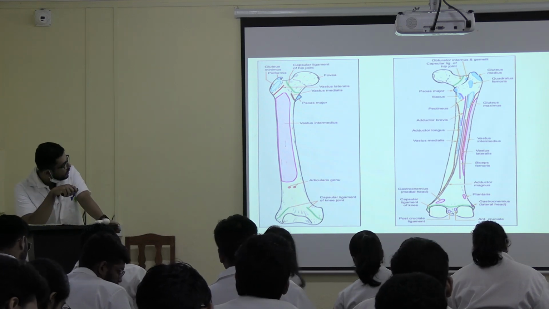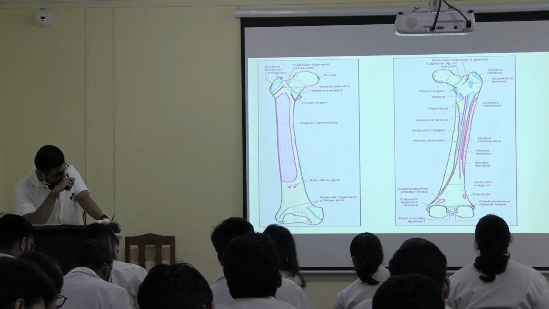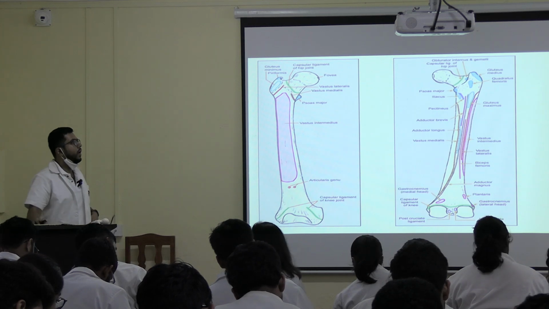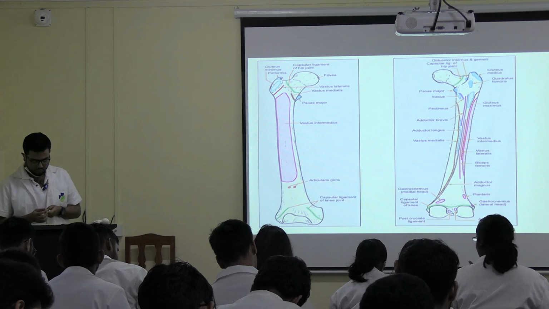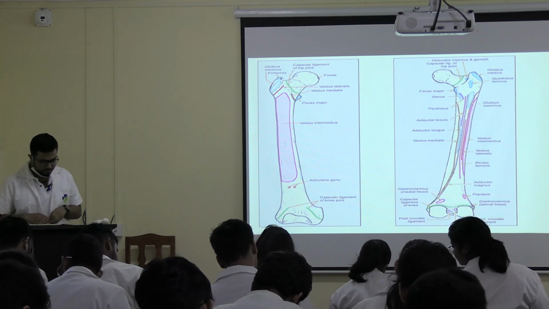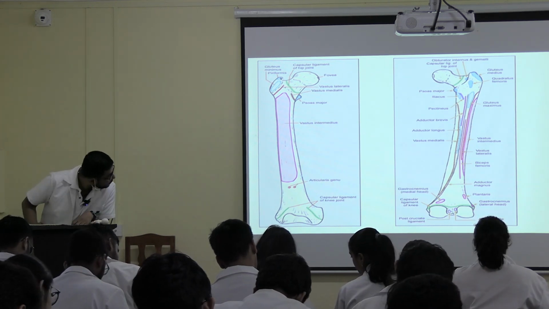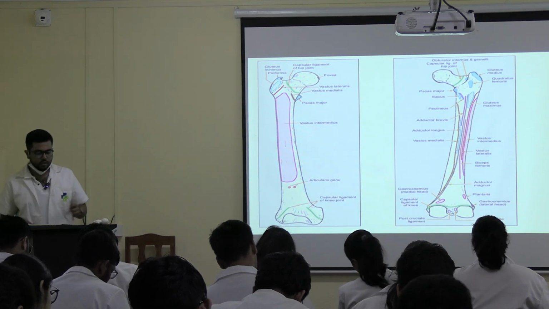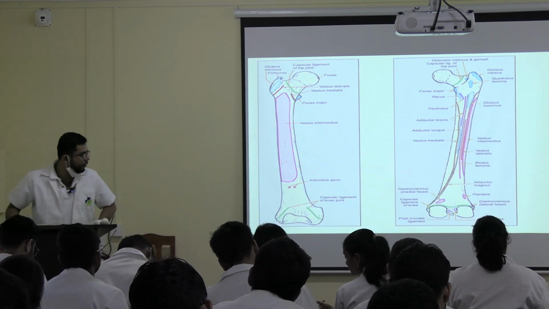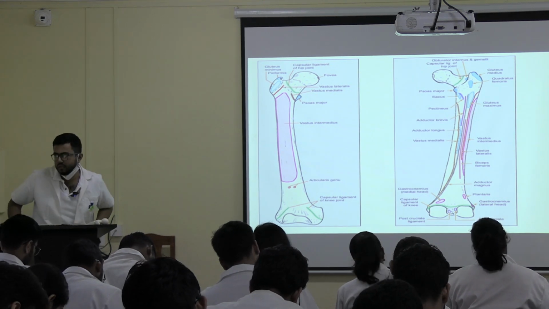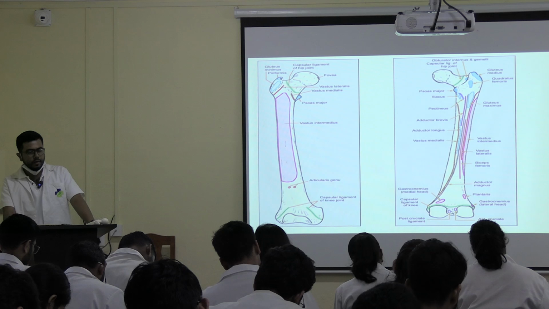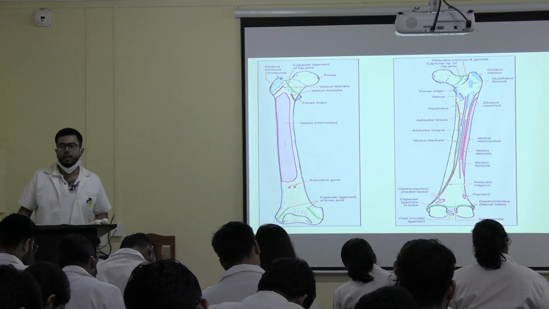It goes a little bit down to the upper part of linea aspera. The image is not proper here. So it extends up to the upper part of linea aspera.